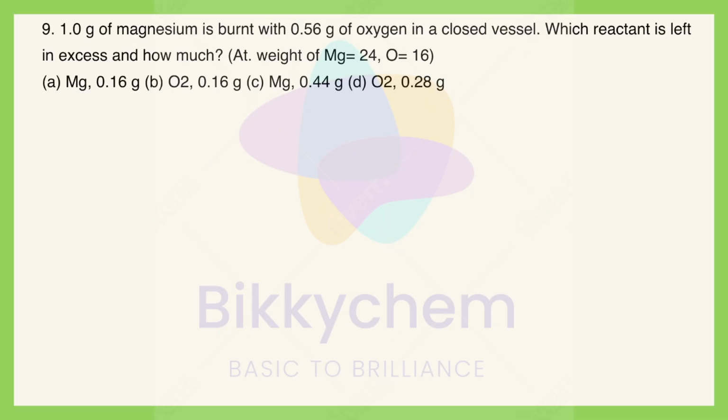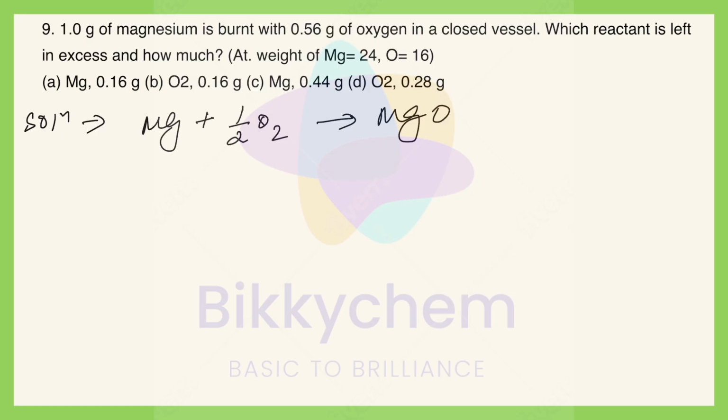Okay, dear student, let us see this question. 1 gram of magnesium is burnt with 0.56 gram of oxygen in a closed vessel. Which reactant is left in excess and how much? So we need to find out the reactant which is left in excess and how much. We know that in this reaction, Mg reacts with half mole of oxygen to give MgO.